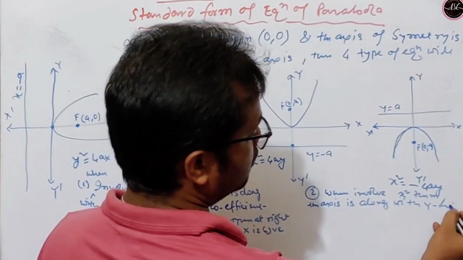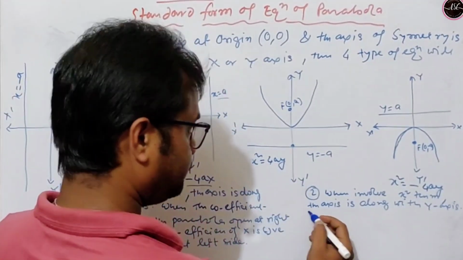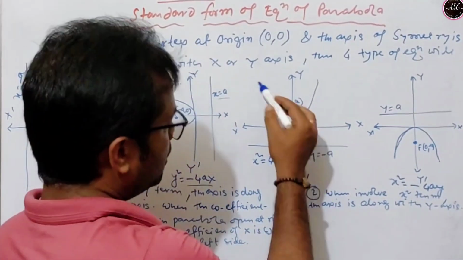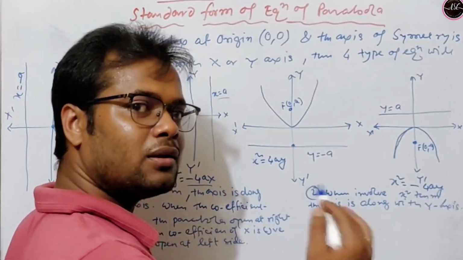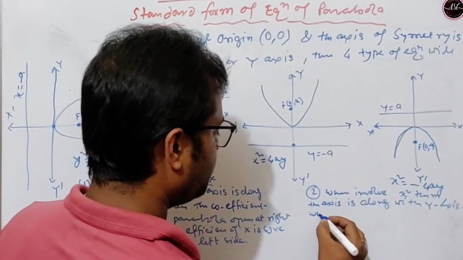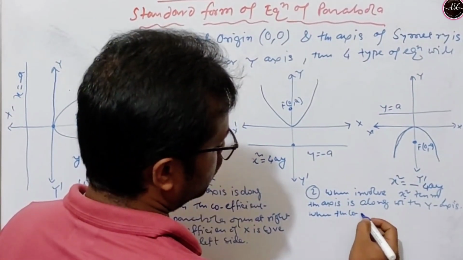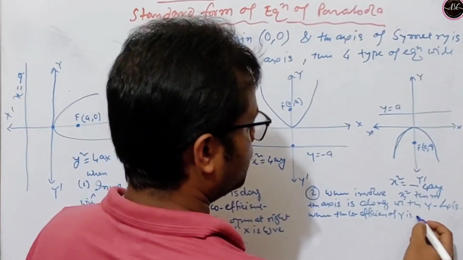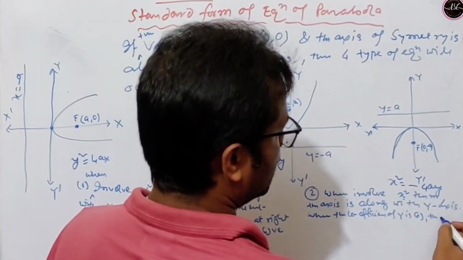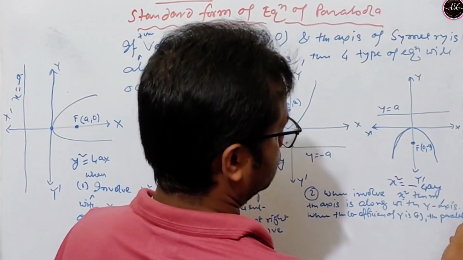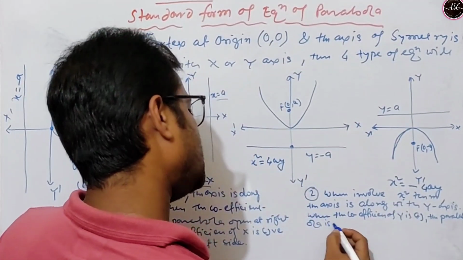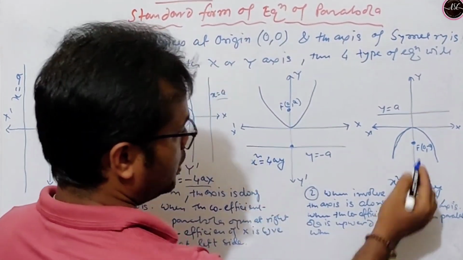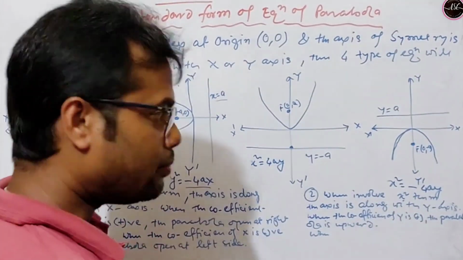When the coefficient of y is positive, the parabola is upward. When the coefficient of y is negative, the parabola is downward.